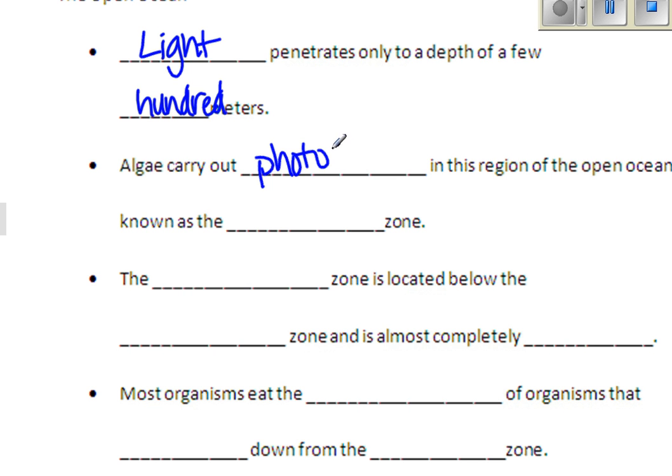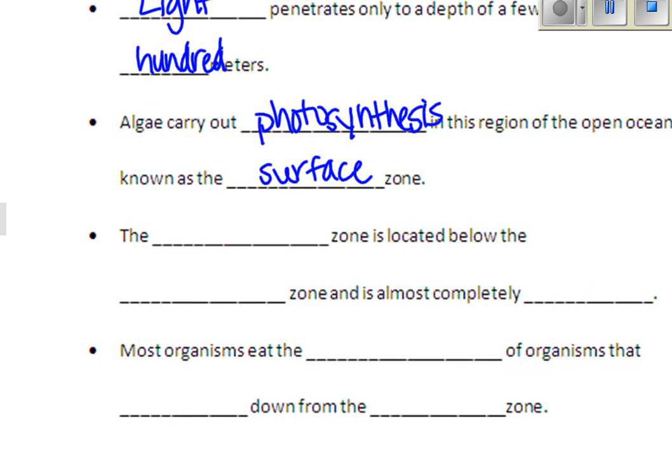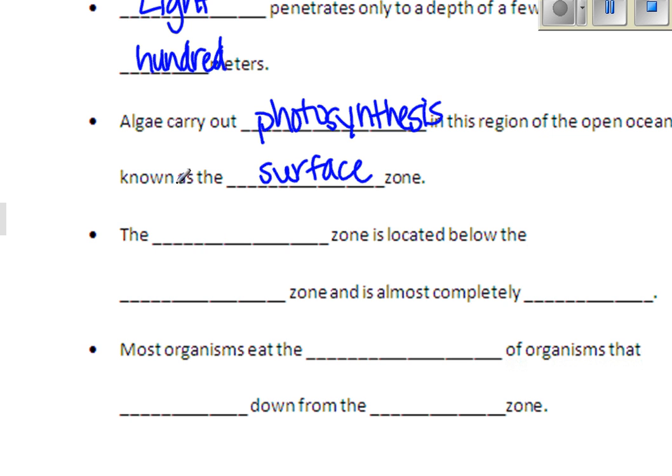So the only producers that are out here would be the algae. And this region is known as the surface zone. So if the algae is on the surface, it's still able to get that sunlight and be able to perform photosynthesis.